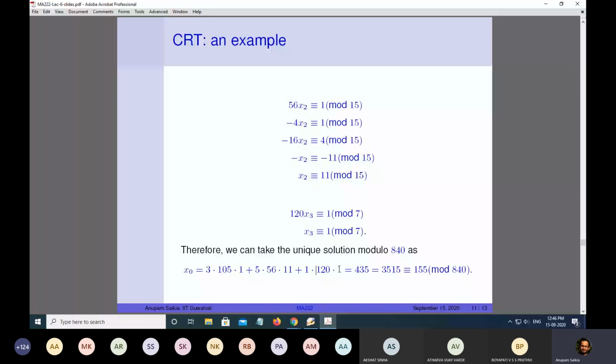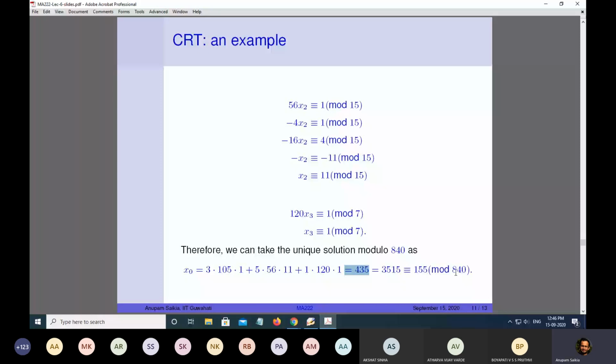Some typos are there, I suppose. Anyway, eventually it is 155. This 435 is not needed. It's an intermediate number that came from adding two of these terms. Doesn't matter, because this solution is 3515, but I can always reduce mod 840.